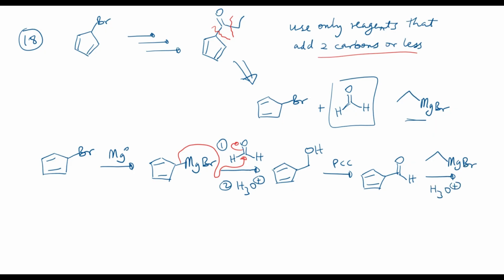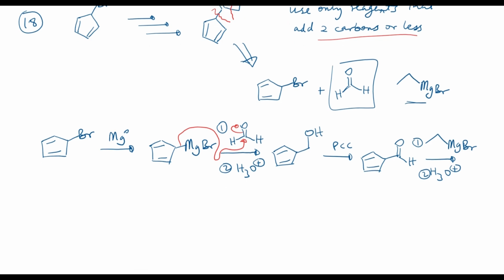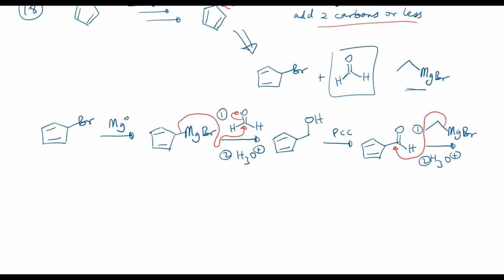Of course, I will do an acid workup step in step 2. The ethyl group will be attached to this carbonyl carbon, and the carbonyl oxygen will form an alcohol eventually.